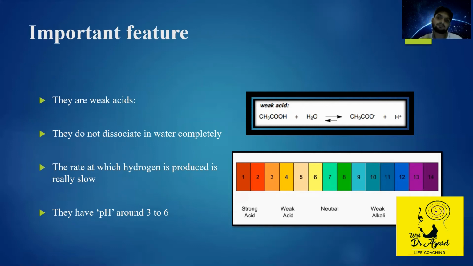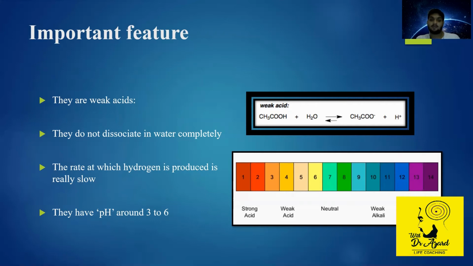Then if you do a practical with this, if you react ethanoic acid, you would see that the rate at which hydrogen gas is produced, the hydrogen bubbles, is very slow compared to strong acids. If you react a strong acid, the rate at which hydrogen is produced is really high.